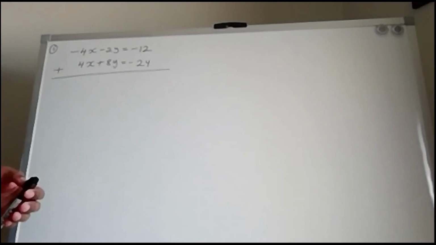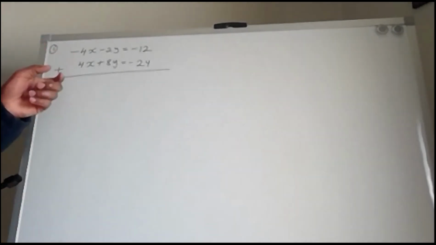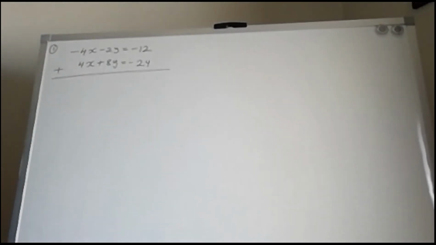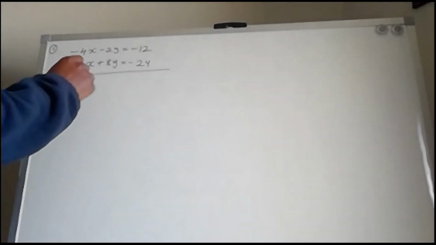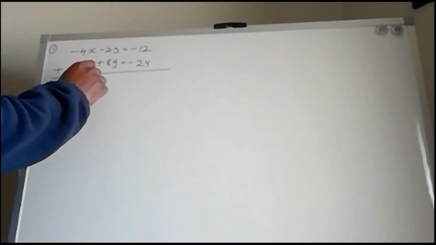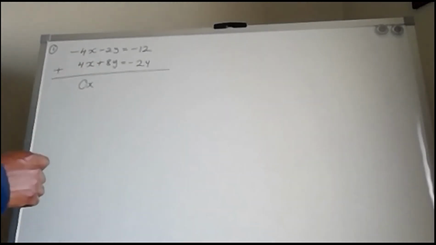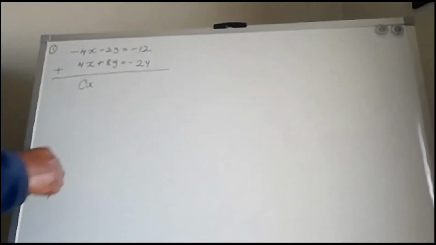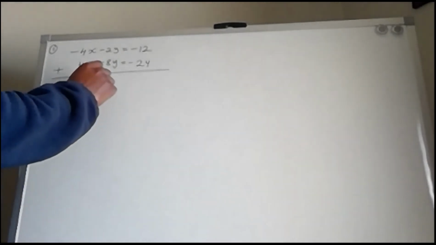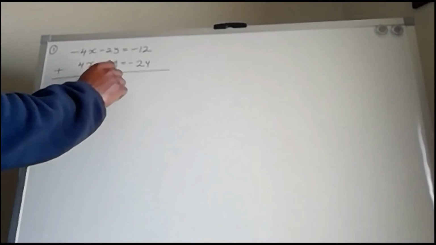You have negative 4x, and you have a positive 4x. So clearly, when we add these together, we are going to get 0x, all right? And over here, we have negative 2y plus 8y, and clearly that's going to give us 6y.